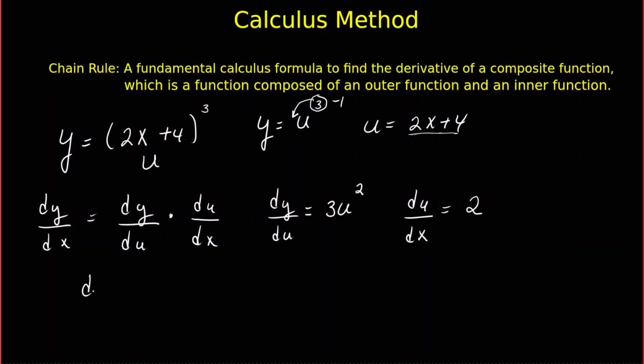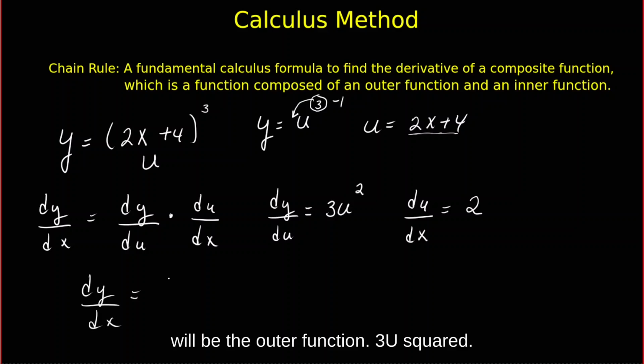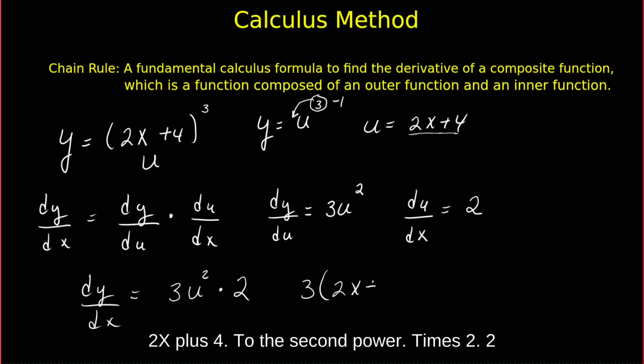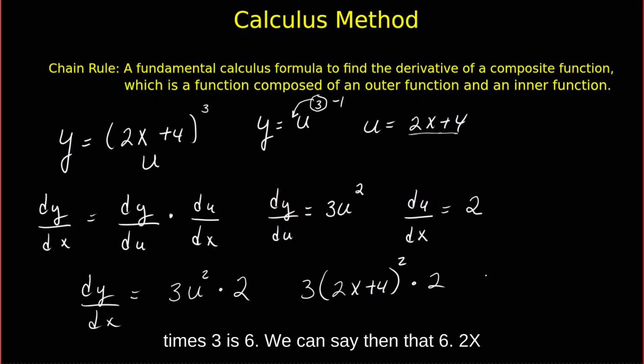Okay, so here I'm looking at taking a derivative, so the derivative is 2. So dy dx will be the outer function, 3u squared times 2, which is 3 times u, which is 2x plus 4 to the second power, times 2. 2 times 3 is 6.